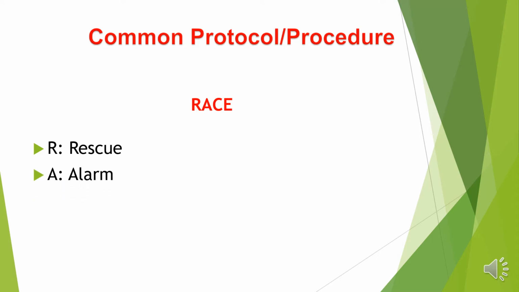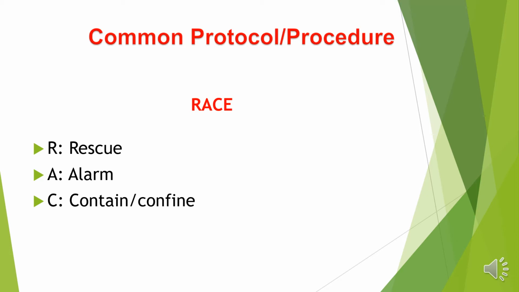Number two, you have to alarm. Switch on the alarm system to tell people that we have a fire in that place. This alarm system is connected to a table or a panel that can tell people where the fire is, which zone contains the fire. C, we have to contain or confine the fire.